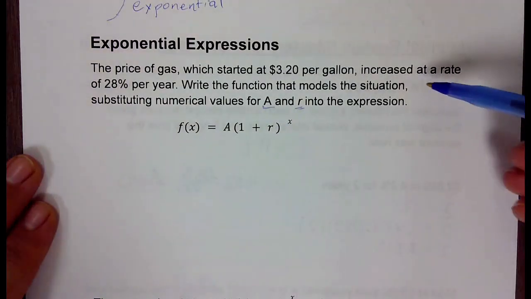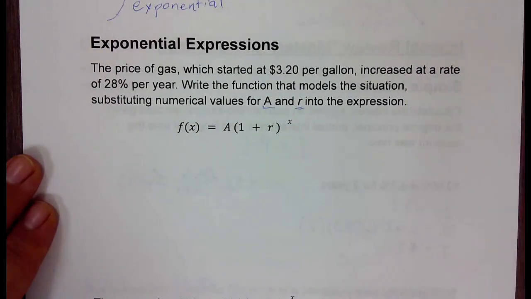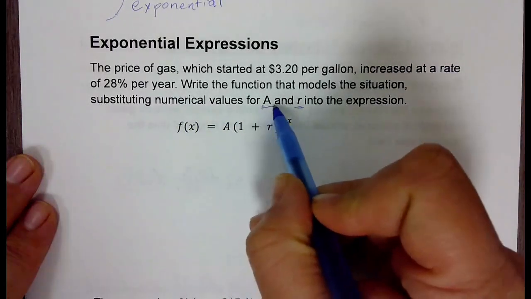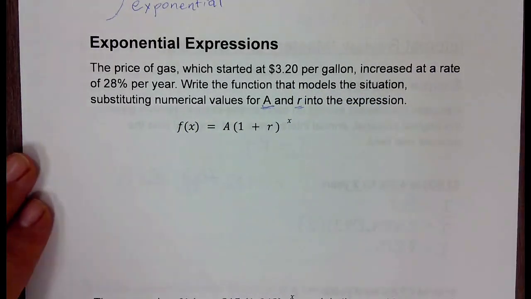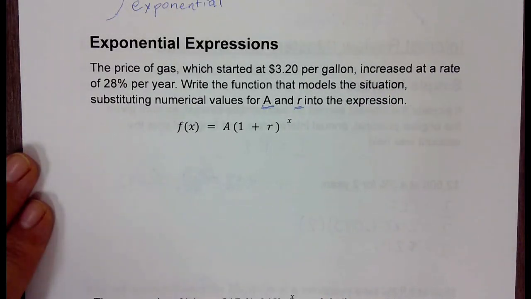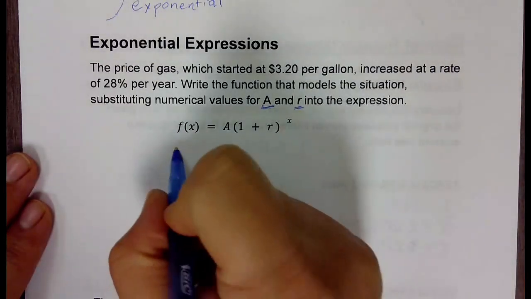And what they want me to do in this particular problem is substitute a, which is the amount that I'm starting with, and r, which is the rate that it's increasing, into this expression.